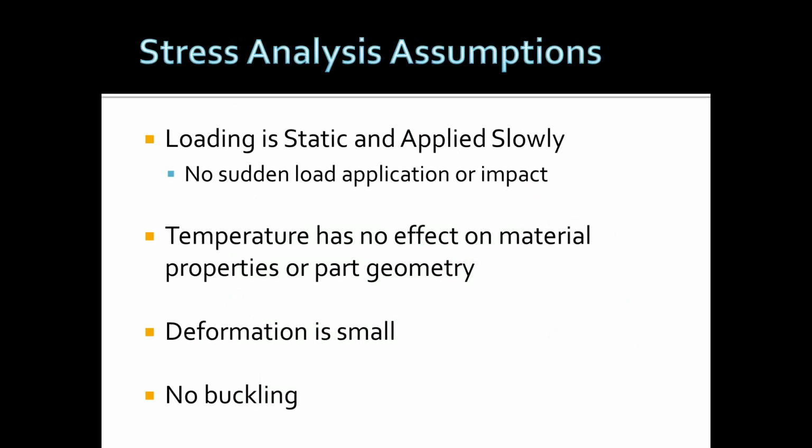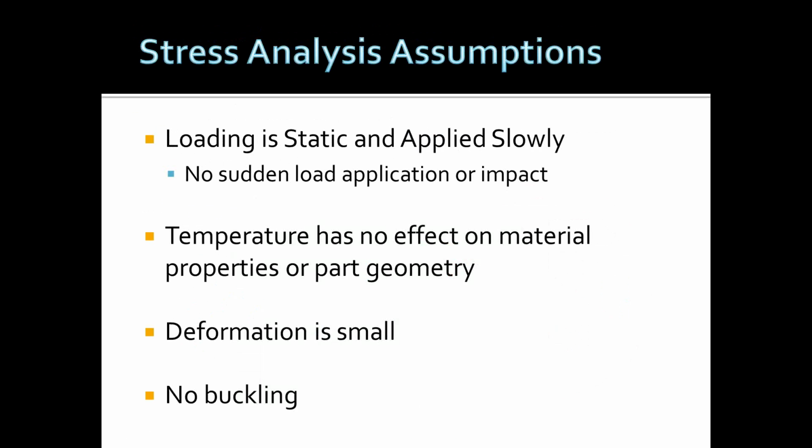The deformation, the amount of deflection that your part or assembly is undergoing, needs to be small, relatively speaking. Now, there's no good numerical factor to give you. You can't say, well, it needs to deform less than a half inch. It's not going to work that way, because it depends on a lot of various factors.